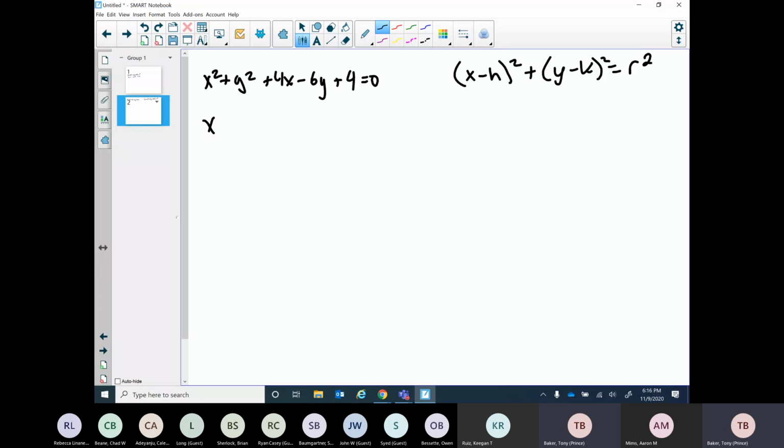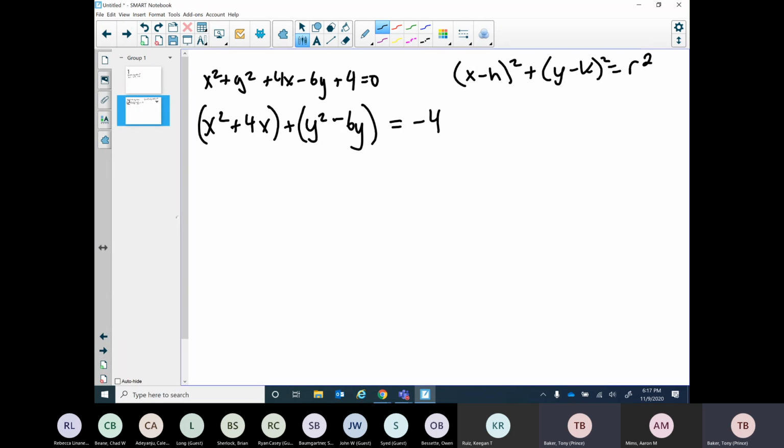So the first thing I'm going to do is put the x squared plus the 4x together. I'm going to put the y squared minus the 6y together. And I'm going to move the 4 over to the other side. So what that's doing is it's allowing me to group up the information that I need.